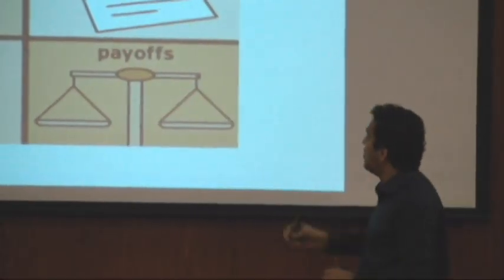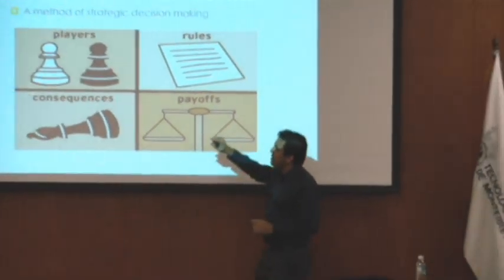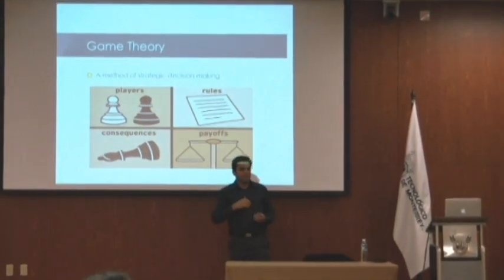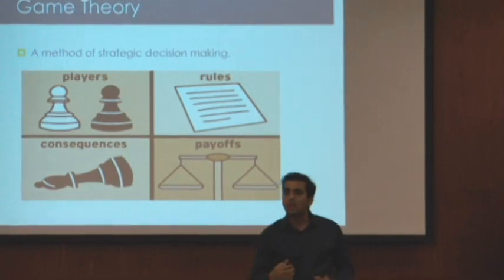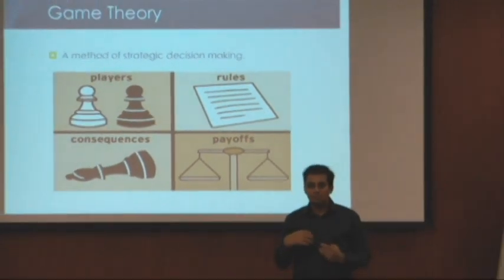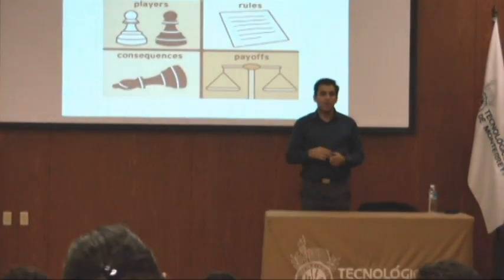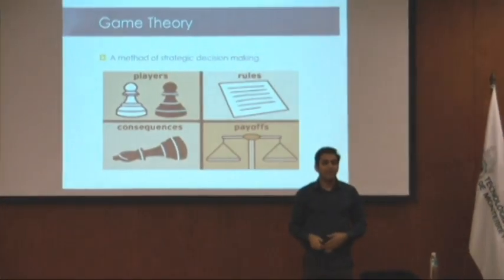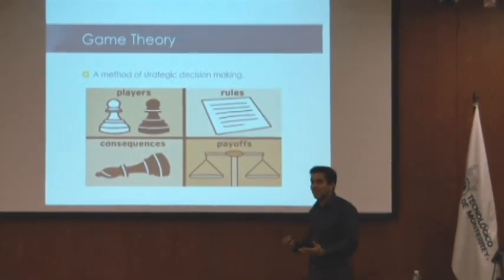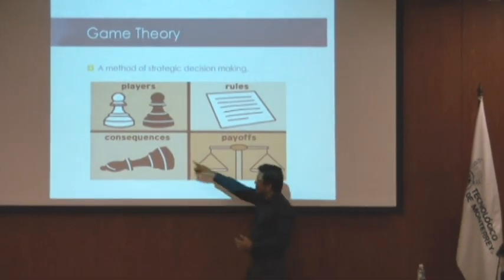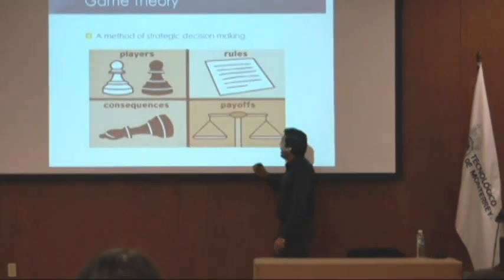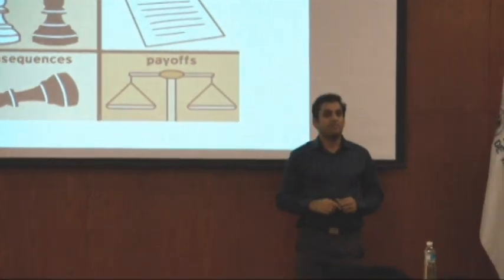Those are the rules of the game. And then we have consequences. When players make their moves or take their actions, what happens? If I go sit in the same cell as another pawn, then that pawn will die. That's the consequence. And finally, we have what are called payoffs.